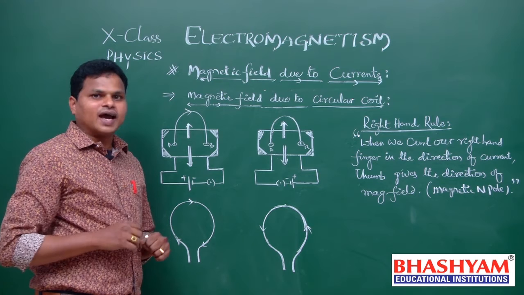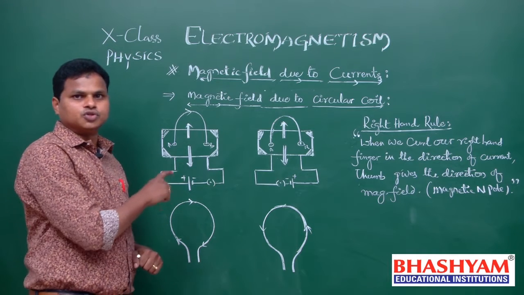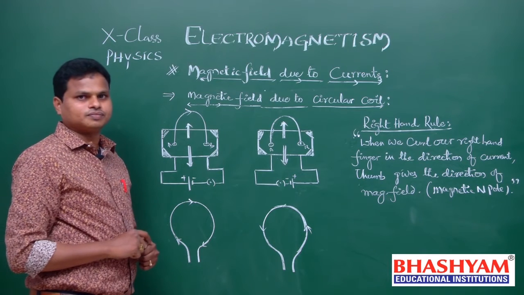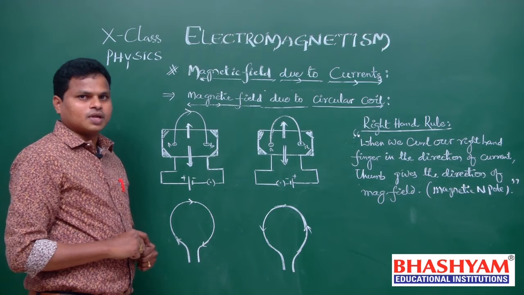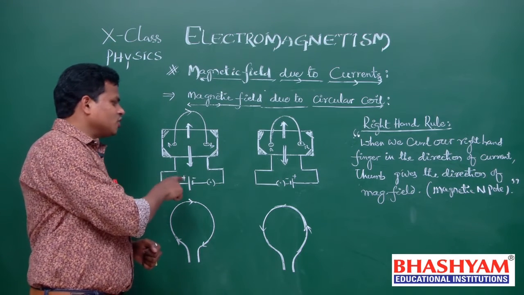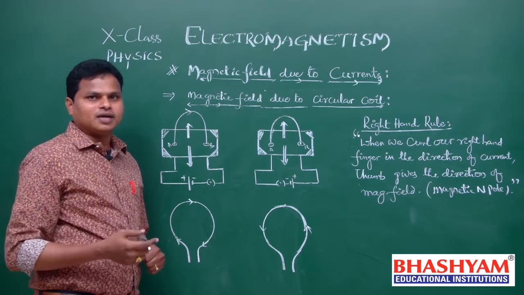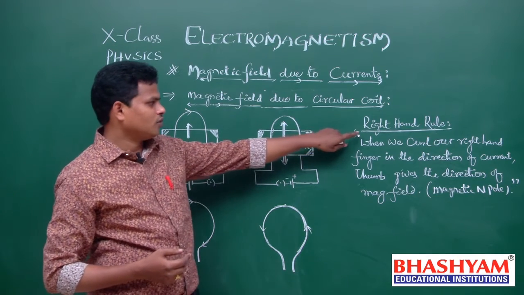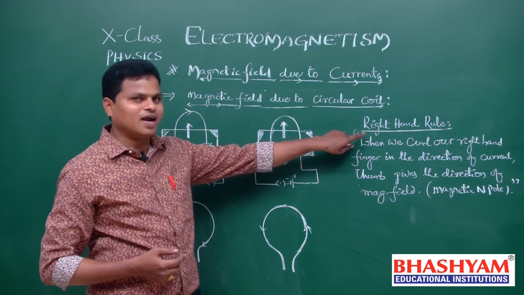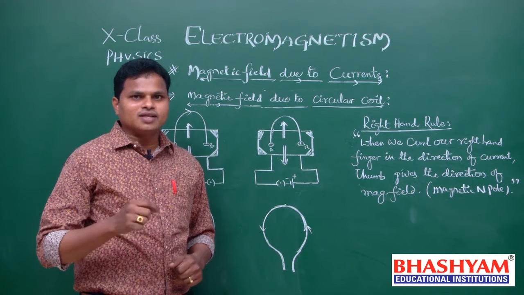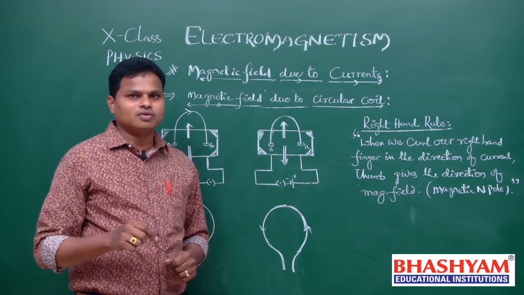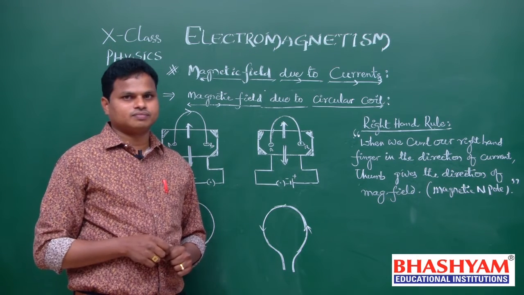Now, what is the direction of the magnetic field due to a circular coil? The direction of the magnetic field due to a circular coil is determined by the right hand rule. Right hand thumb rule and right hand rule, both are different.